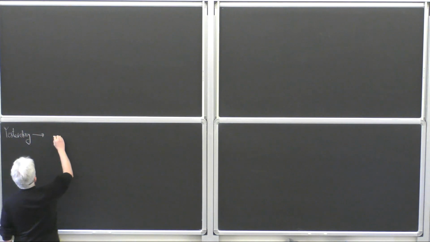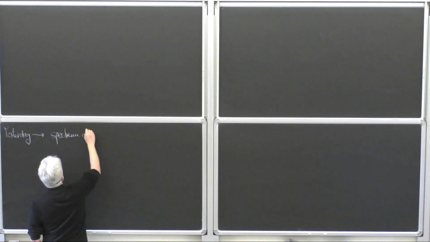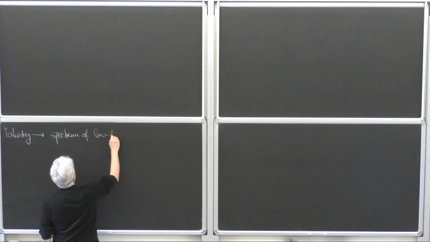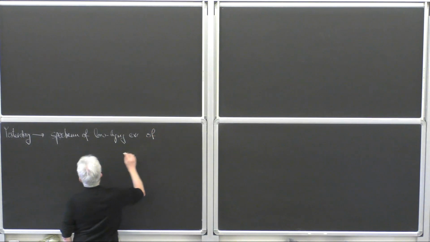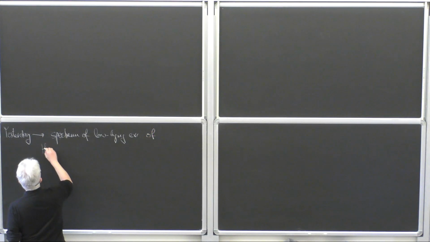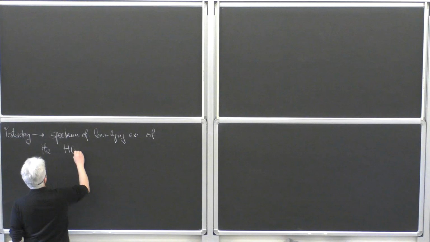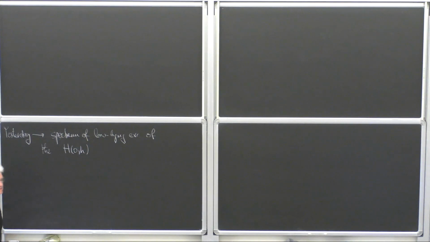Okay. So, welcome back. Let's see where we are. So yesterday we derived this spectrum of low-lying excitations of this XX chain, which was the Hamiltonian for delta equal to 0.